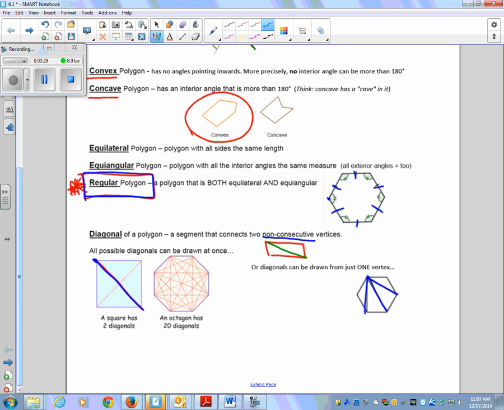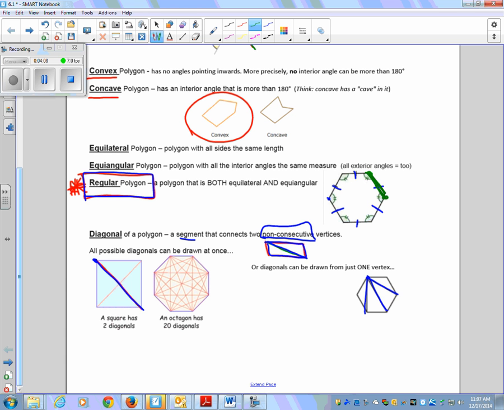Okay? Diagonals of a polygon. You've seen diagonals before, probably mostly in a rectangle or a square, right? You can draw the diagonal. But by definition, it's a segment that connects 2 vertices, and it has this word non-consecutive vertices. Remember we talked about consecutive, one right after the other, right? Consecutive days, consecutive, whatever. One right after the other. So vertices that are consecutive are going to be this one and then the very next one, right?